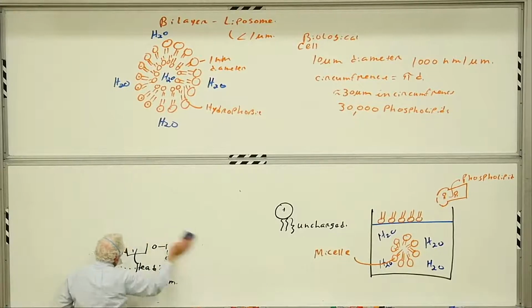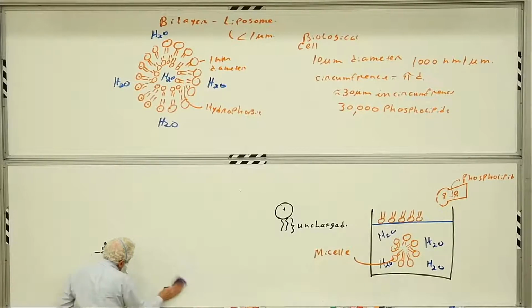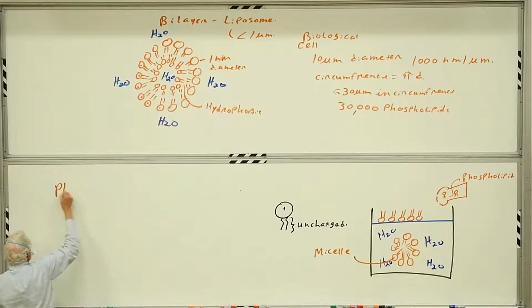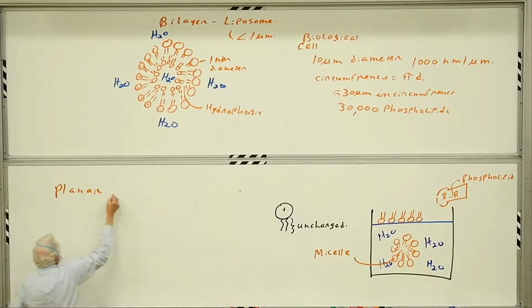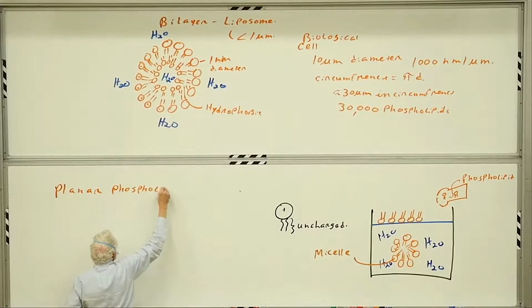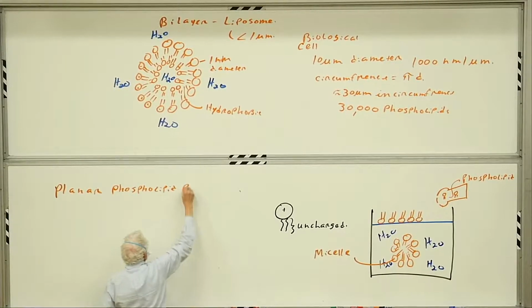I'll let you do the calculations of how much arc there's going to be from one phospholipid to the next, but it's going to be pretty tiny. So when we think about the phospholipids and their organization, we can think about them in a cell as being a planar phospholipid bilayer.